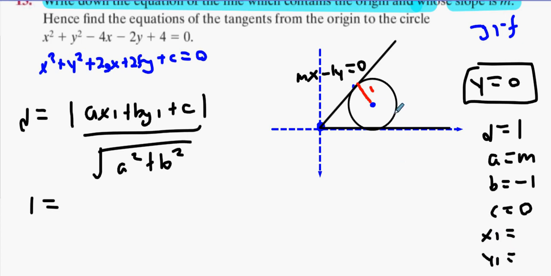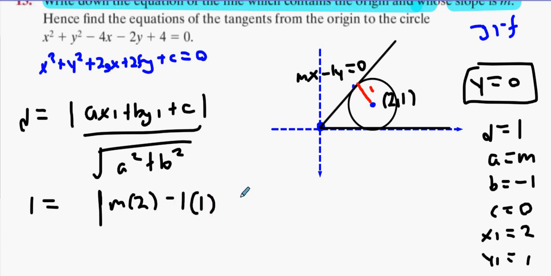What did we say it was earlier? 2, 1. Okay, fill out all of them and let's see what happens. Okay, so what do we get? ax1, so m times 2 minus 1 times 1 plus 0 all over the square root of what, lads?